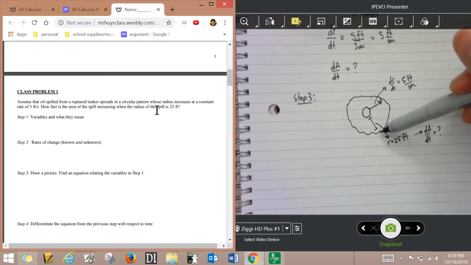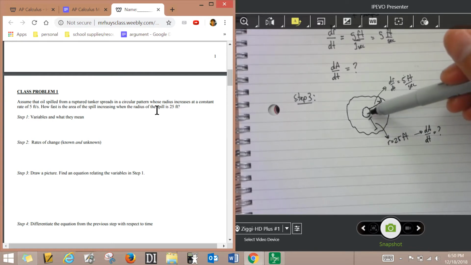It might keep going on and on forever. It might go to 50 feet, but I'm looking particularly at 25 feet of radius from the origin of the spill. What is the rate at which the area is changing at that particular moment where it hits 25 feet?